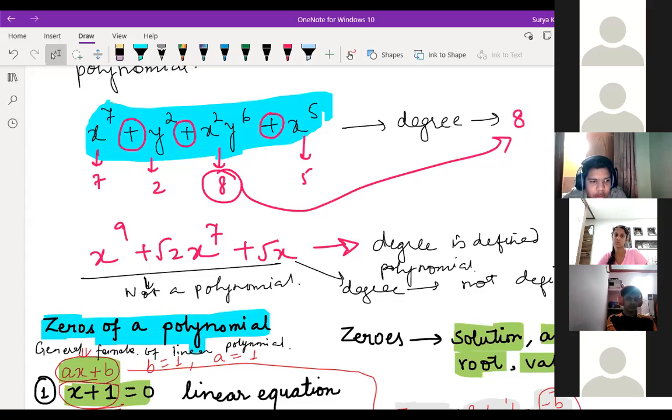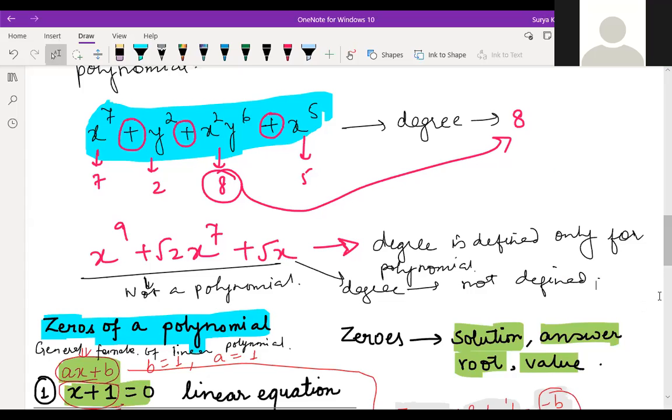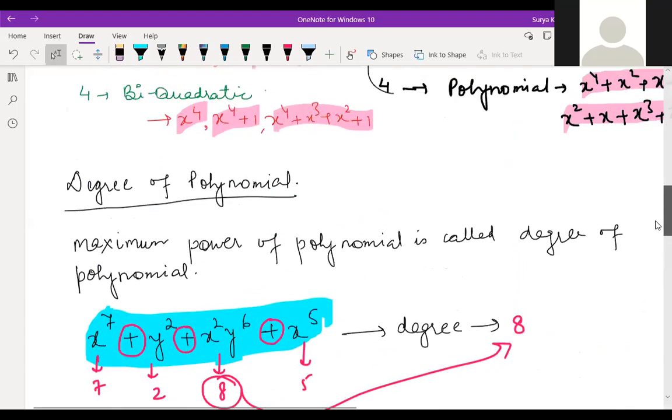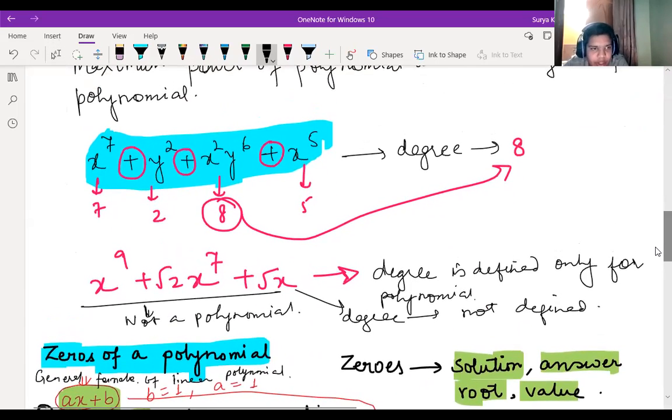Sir, I just have a small doubt. Scroll down 1 minute. Yeah, tell, Hemant. Sir, in the first question you showed over here, can we add x to the power of 7 and x to the power of 5 together? No, you can't add.